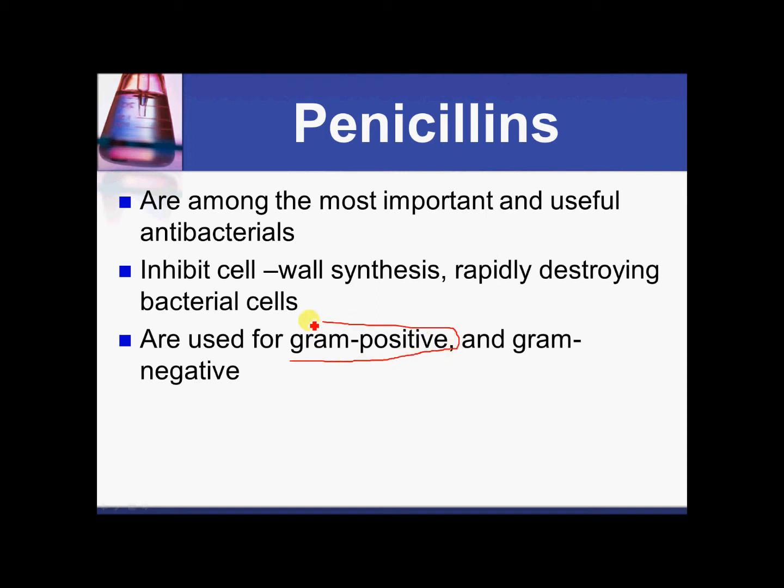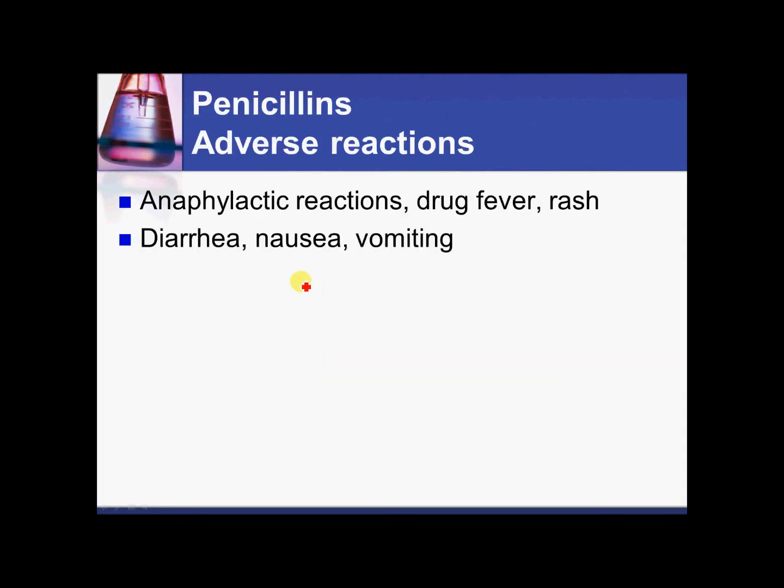It does have a little gram negative, but when you start to go up to Augmentin and ampicillin, then you start to go into the more broad spectrum. But looking at just plain penicillin, it's going to be more gram positive. And again, with the potential of anaphylactic reaction with penicillins.